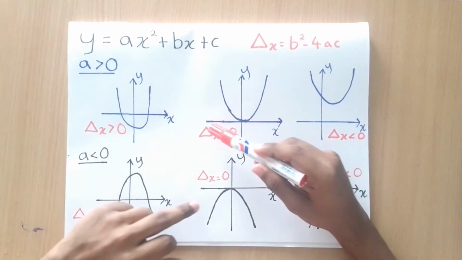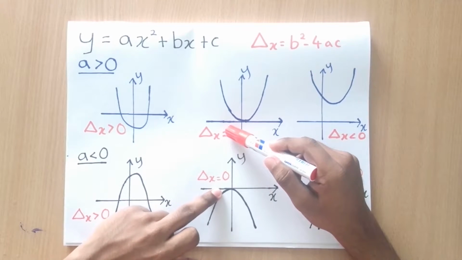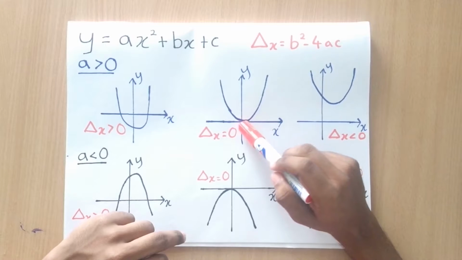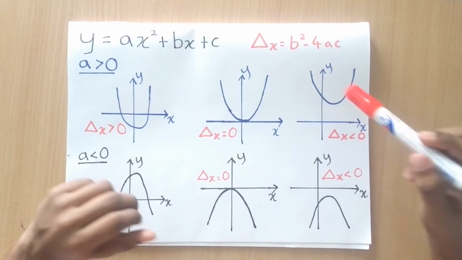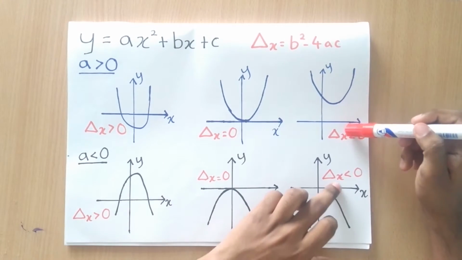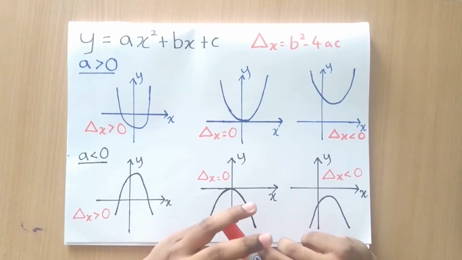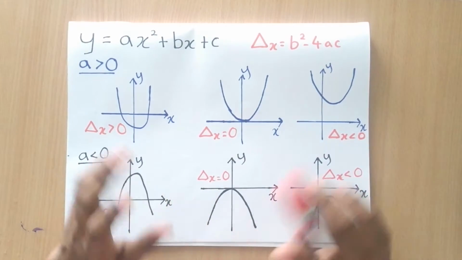But when delta x equals 0, there is just one value of x when y equals 0. And when delta x is less than 0, there is no interception of the x-axis at all.